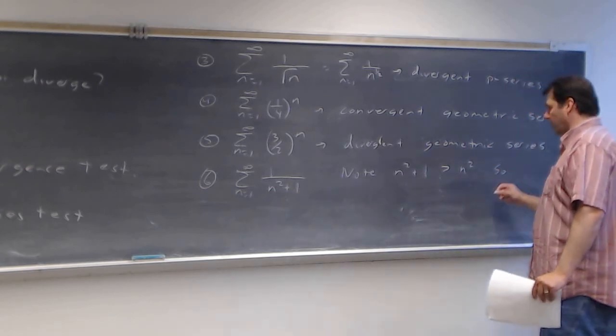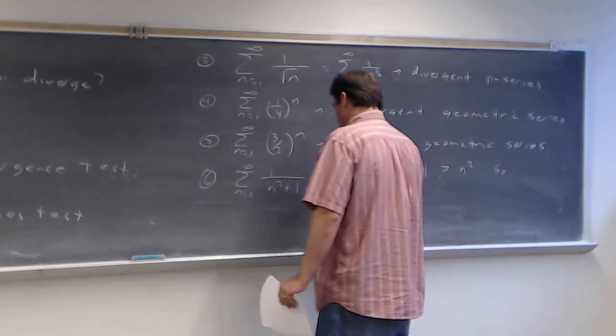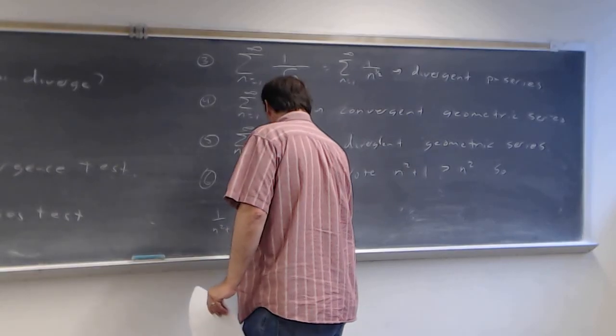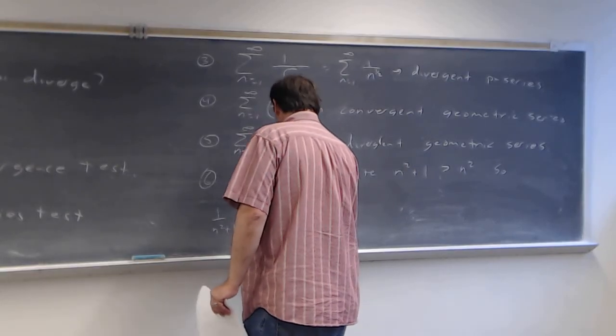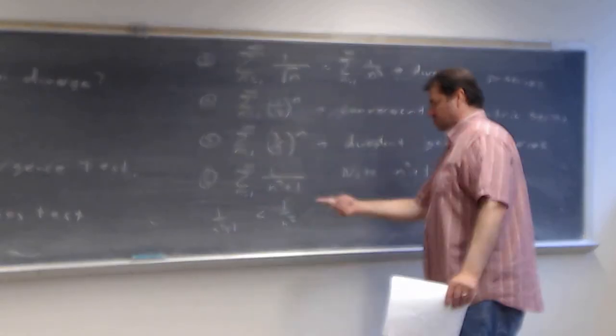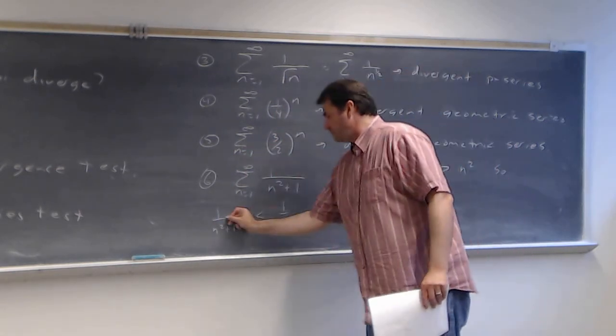And so that tells us that 1 over n squared plus 1 is going to be less than 1 over n squared. Now, look, you take the norm of this guy, it's just 1 over n squared plus 1.